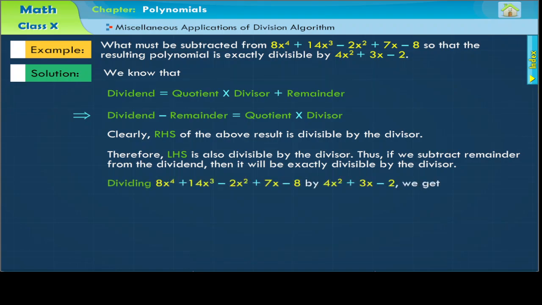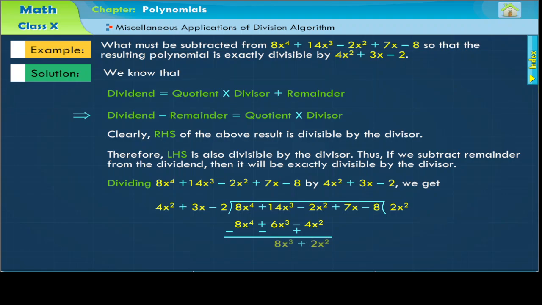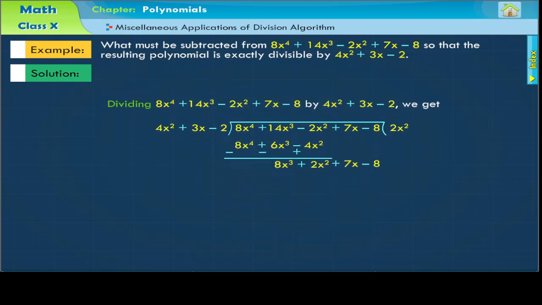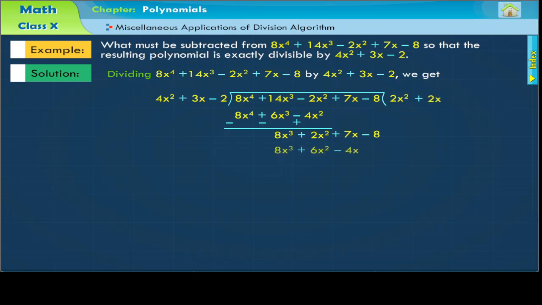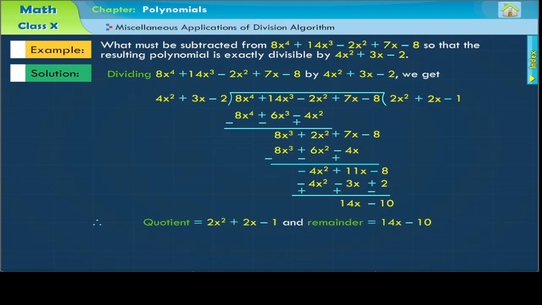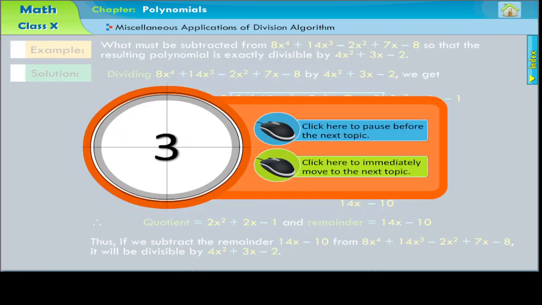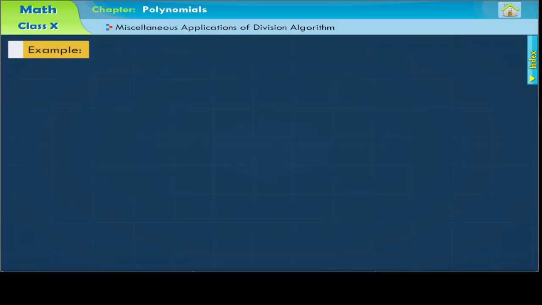Let's observe the following. Let's observe the following example.